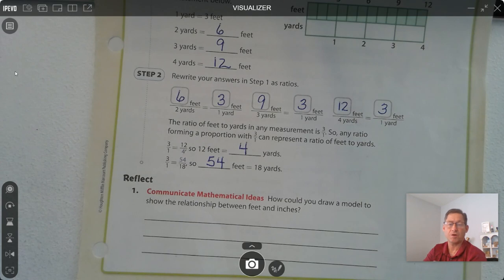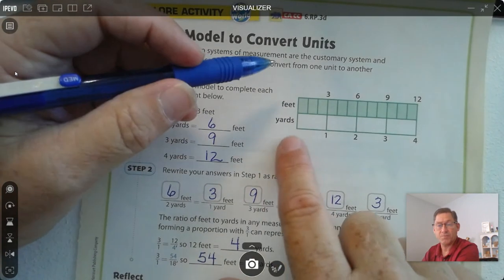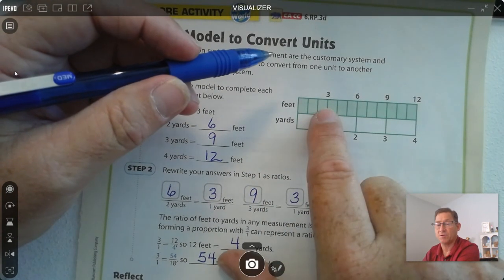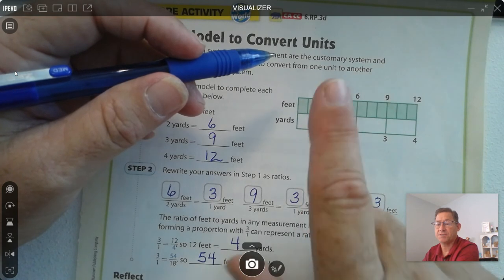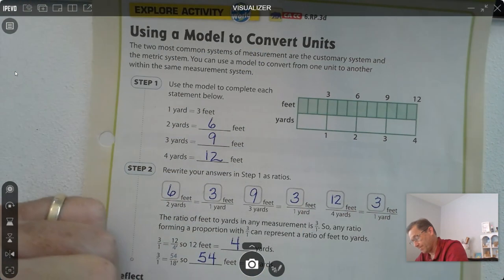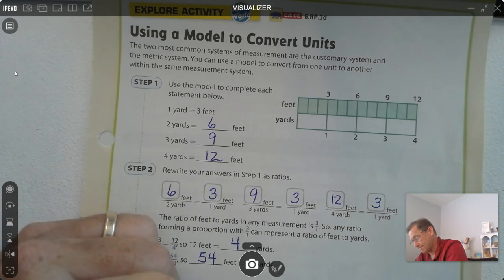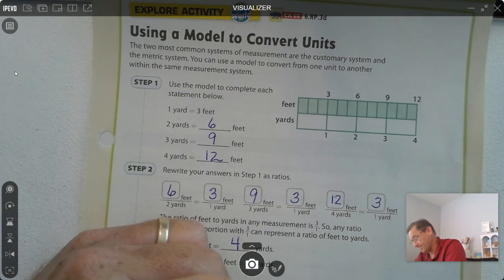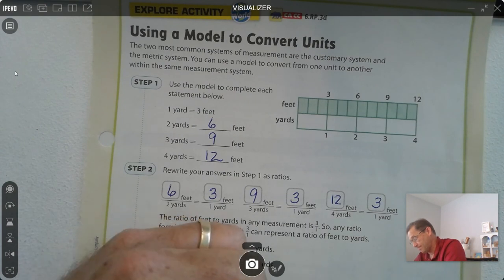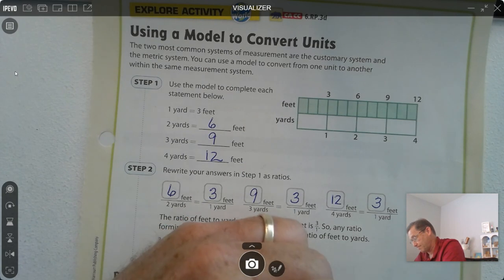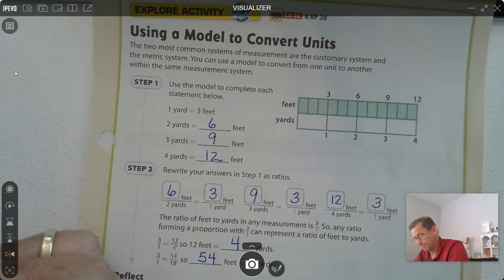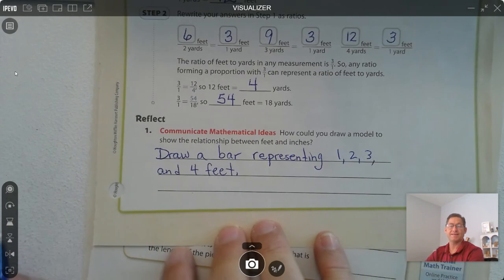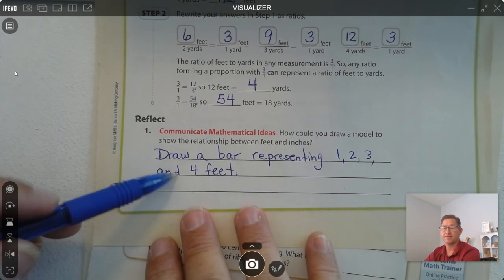So how could you draw a model to show the relationship between feet and inches? In this case, the feet would be the larger one, right? And the inches would be smaller. And that ratio is 12 inches per foot, right? So we're going to draw a bar. That's going to represent 1, 2, 3, and 4 feet. Okay, and then we need to break each of the feet into 12 parts.